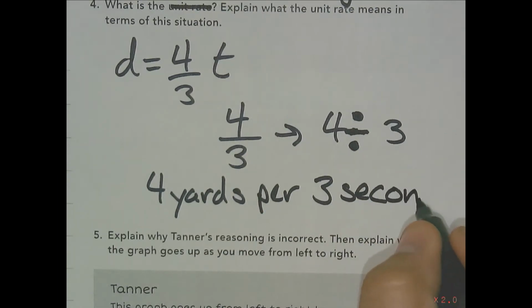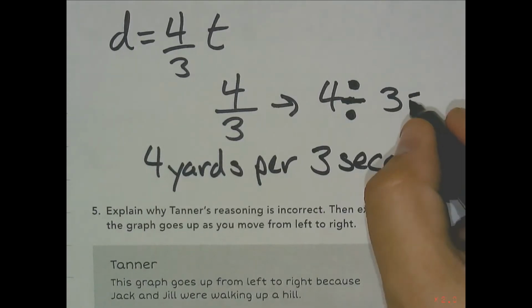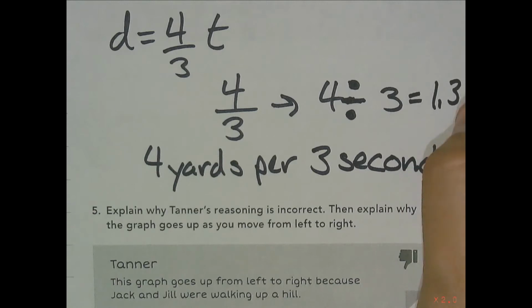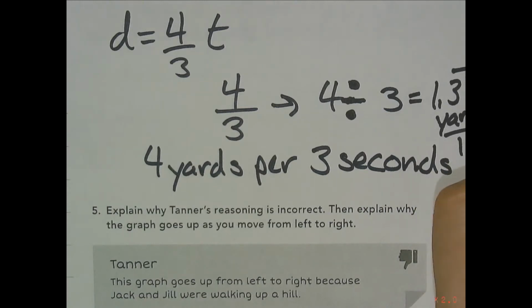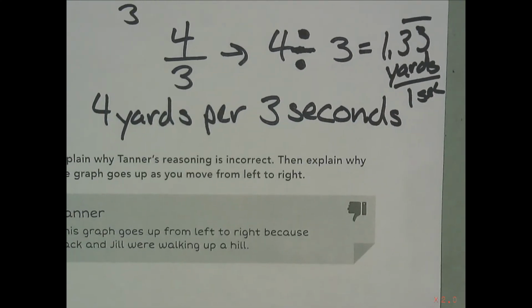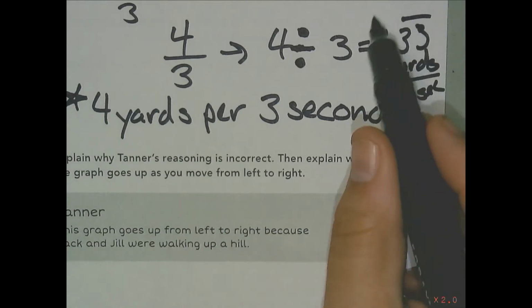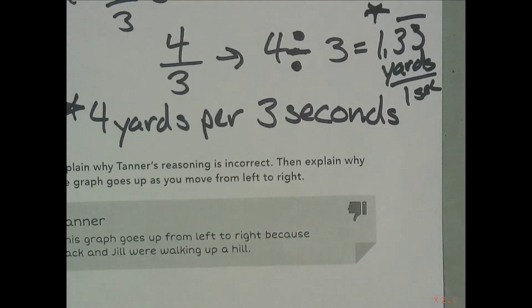So unit rate could be interpreted as, how many yards per 1 second? Well, that would be 1.33 repeating yards per 1 second. Okay? So Carnegie says this is the unit rate, but if you ask a mathematician, they would say this is the unit rate.